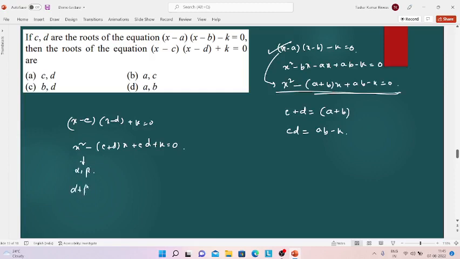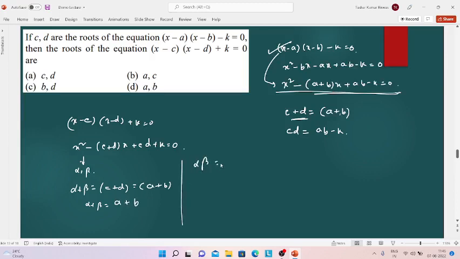Then by the sum of the roots, alpha plus beta will be minus of minus (c plus d) by 1, which will be c plus d. And c plus d is equal to a plus b, so alpha plus beta is a plus b.